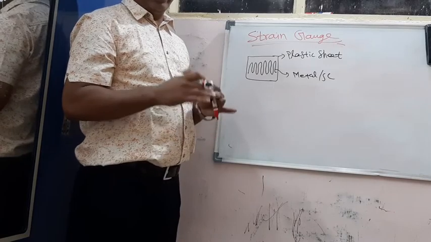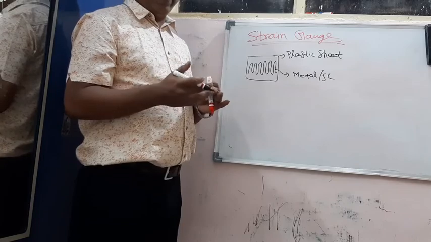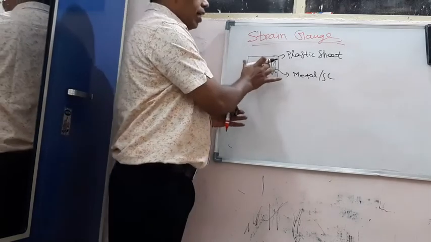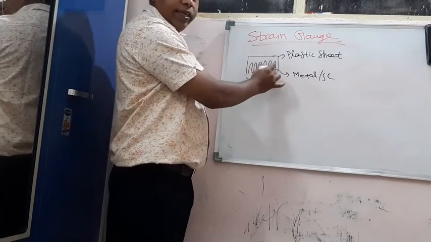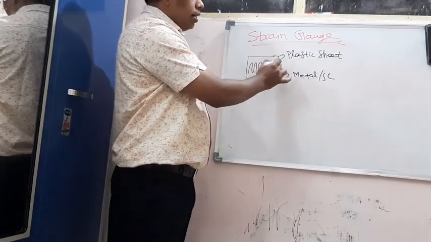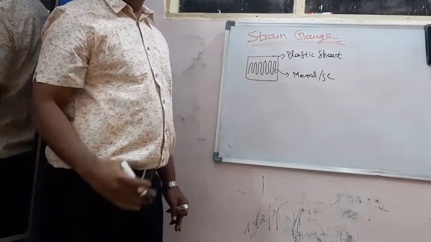So finally, the changing input parameters will modify the electrical resistance, and you will get an electrical output, that is voltage.